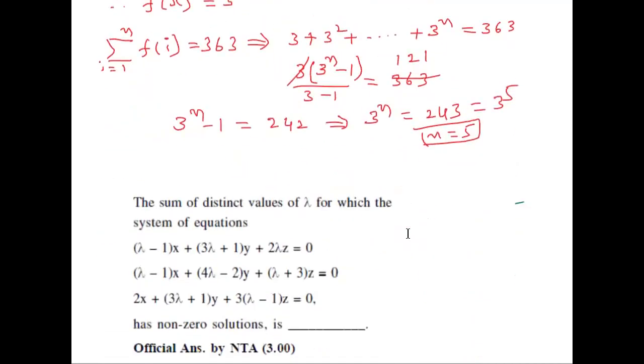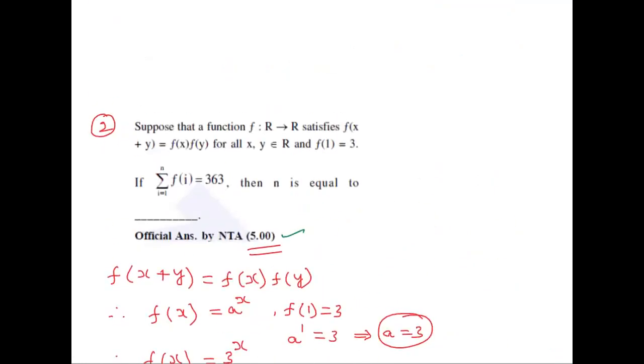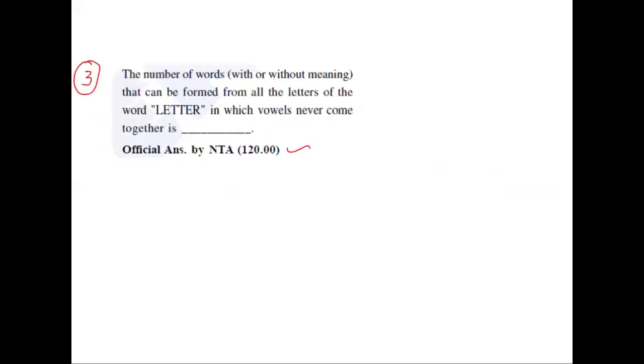Next I am going to the third question. This is the third question. Total 5 questions are there. The number of words, with or without meaning, that can be formed from all the letters of the word LETTER in which vowels never come together. The condition is on vowels.